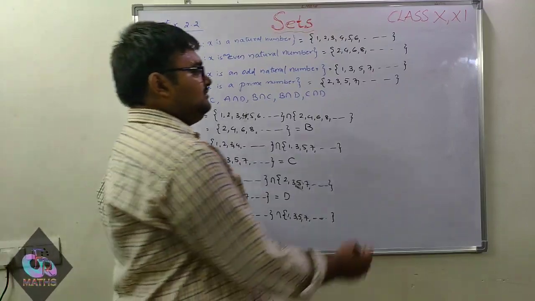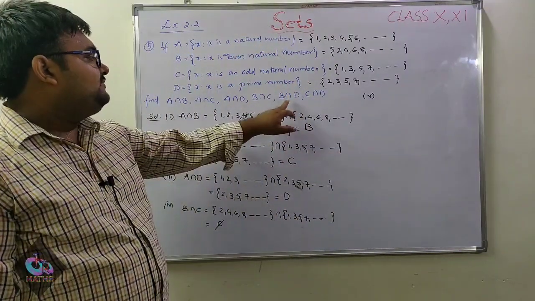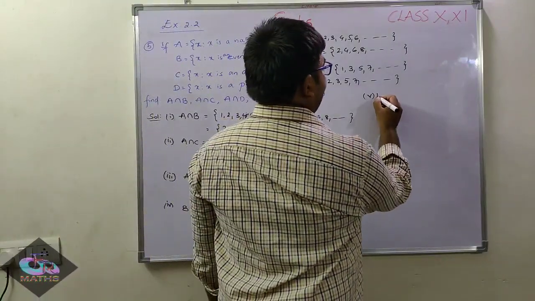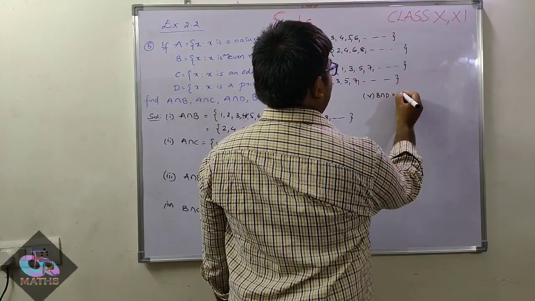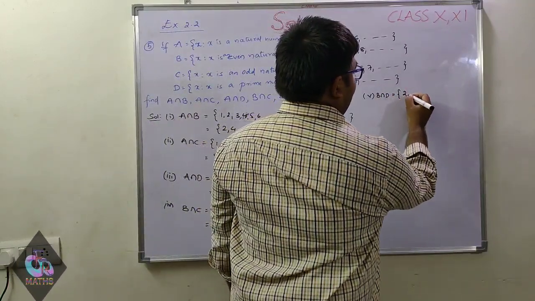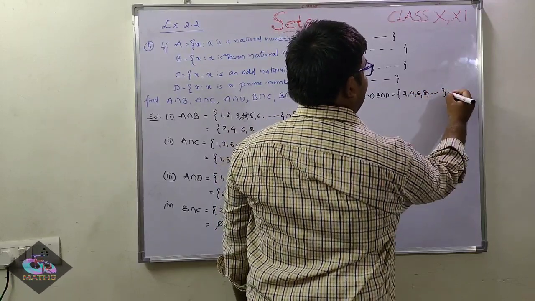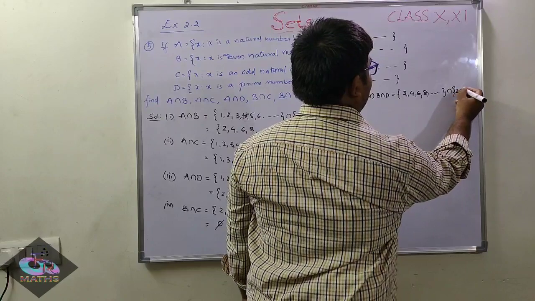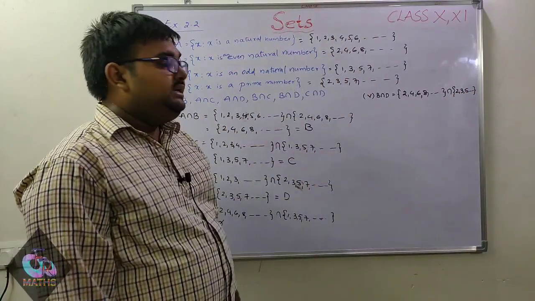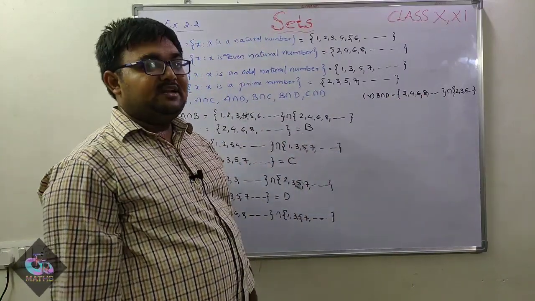Next coming to the fifth bit. So what is the fifth bit? The fifth bit is B intersection D. So we need to find out B intersection D. What is B here? B is nothing but even natural numbers 2, 4, 6, 8 and so on. Intersection. What is D? D is nothing but the set of primes. Now we need to take the intersection of even natural numbers and the prime numbers.